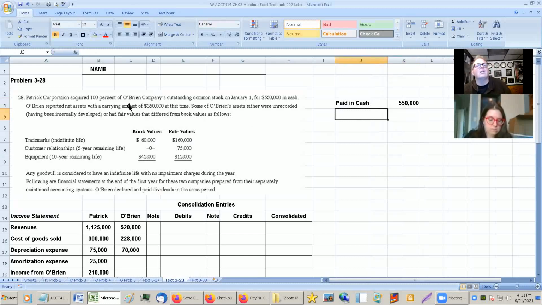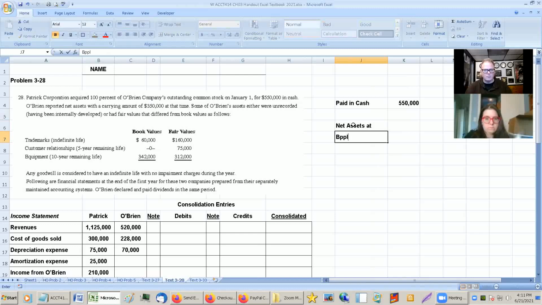All right. They said that reported net assets with a carrying amount of 350. So this is the book value, 350.